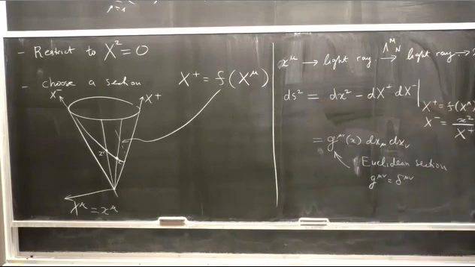So for the Euclidean section, f is going to be equal to a constant. Well, I'm going to pick this constant equal to 1.